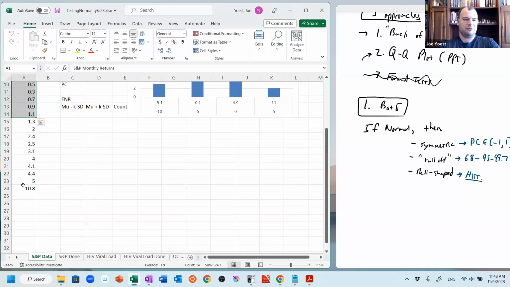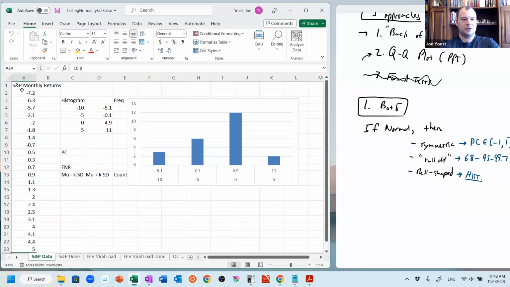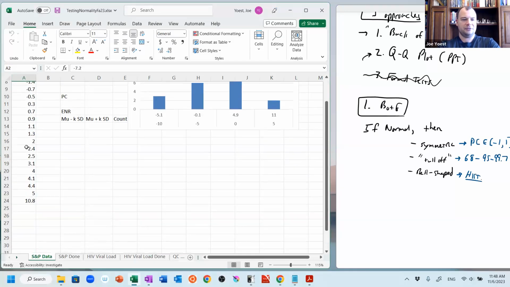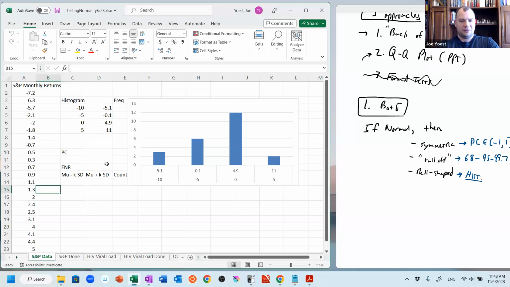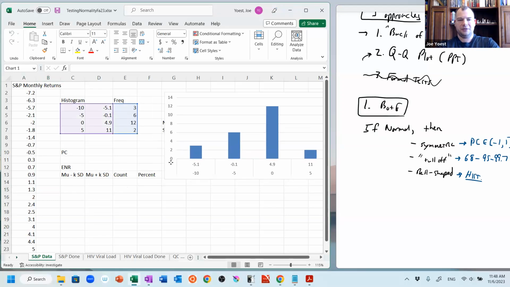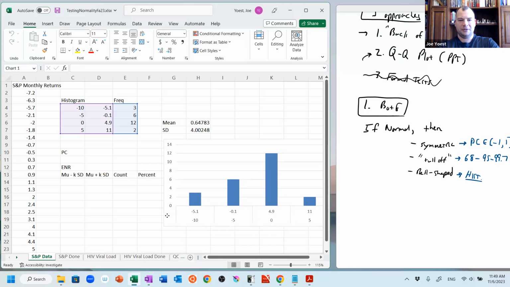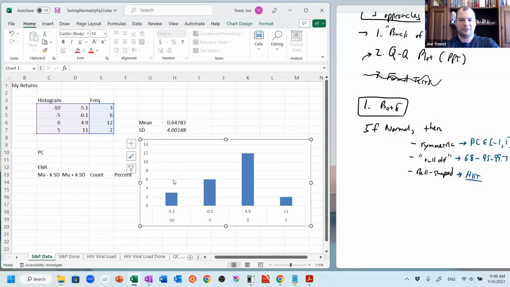These are some S&P 500 monthly returns ordered from most negative monthly return to most positive. And again, what I might want to look at is, say, first the histogram. It's a little hard to tell on a histogram like this. We can maybe split up more bins, but we do see kind of a peak in the middle and a tailing off to the side.